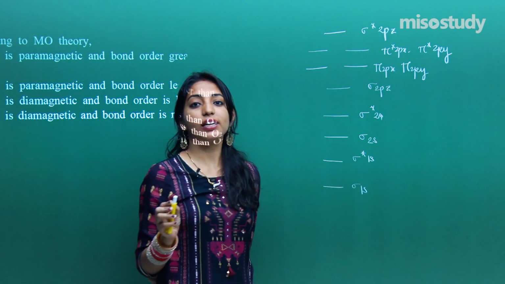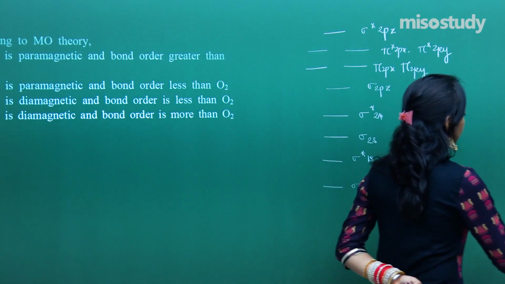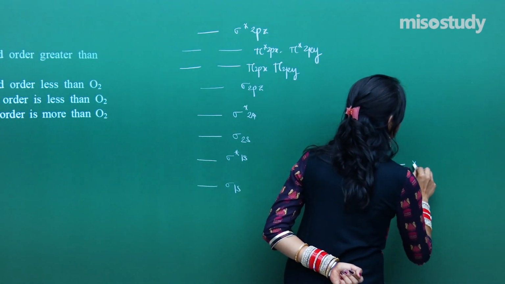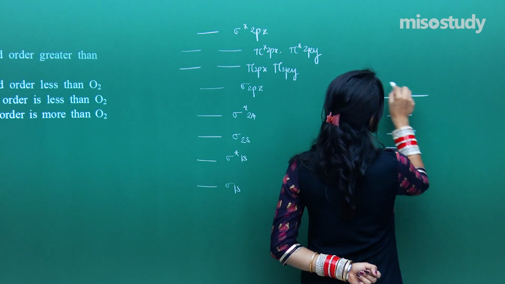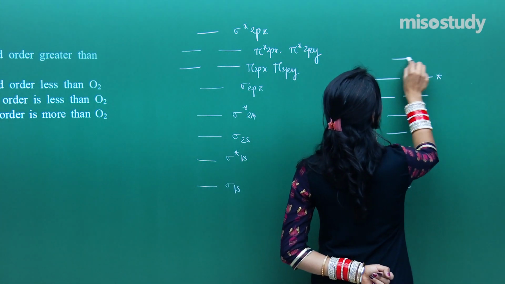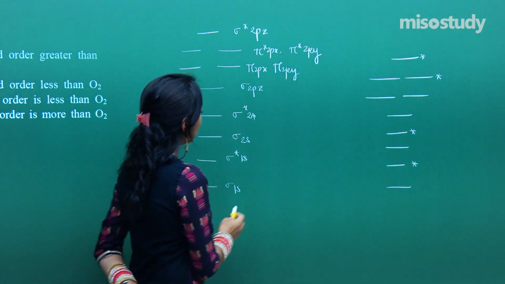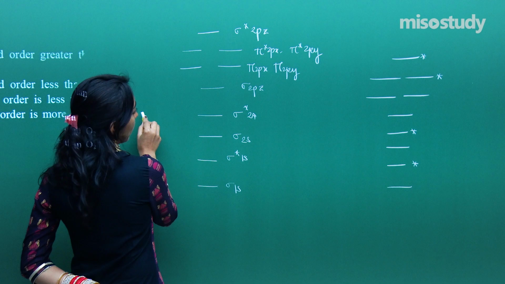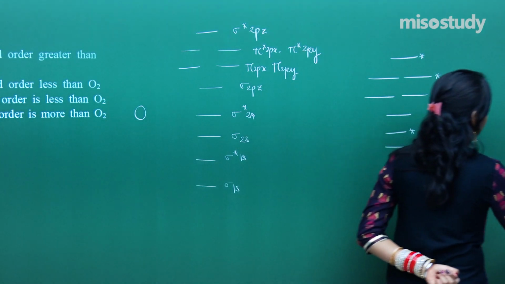So this is the molecular orbital diagram for oxygen. If I draw it again: sigma 1s, sigma star 1s, sigma 2s, sigma star 2s, sigma 2pz, pi 2px, pi 2py, pi star, and finally sigma star. Let me draw a similar diagram here.